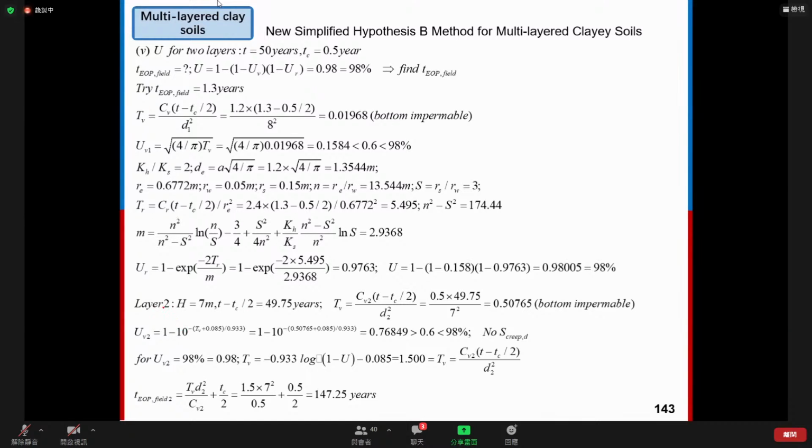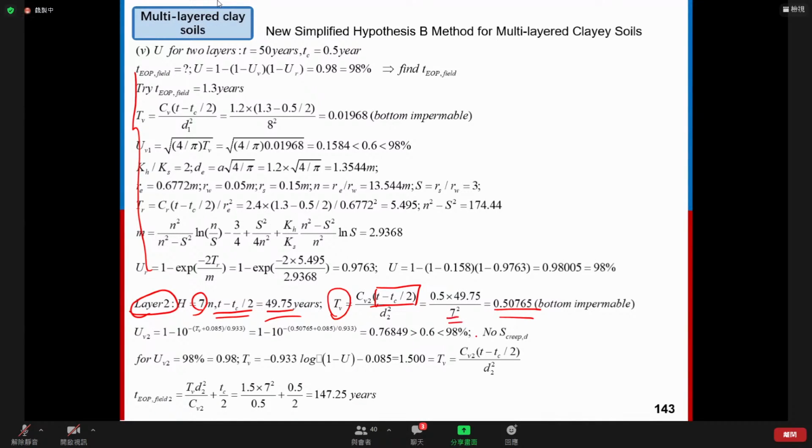So how about the layer 2? Okay, for the alluvium, we just skip this part first. To calculate the average degree of layer 2, we know the height is 7 meters. Okay, we also do the same thing. To correct the construction period, we get this value and we calculate TV based on the corrected time. It's the same.